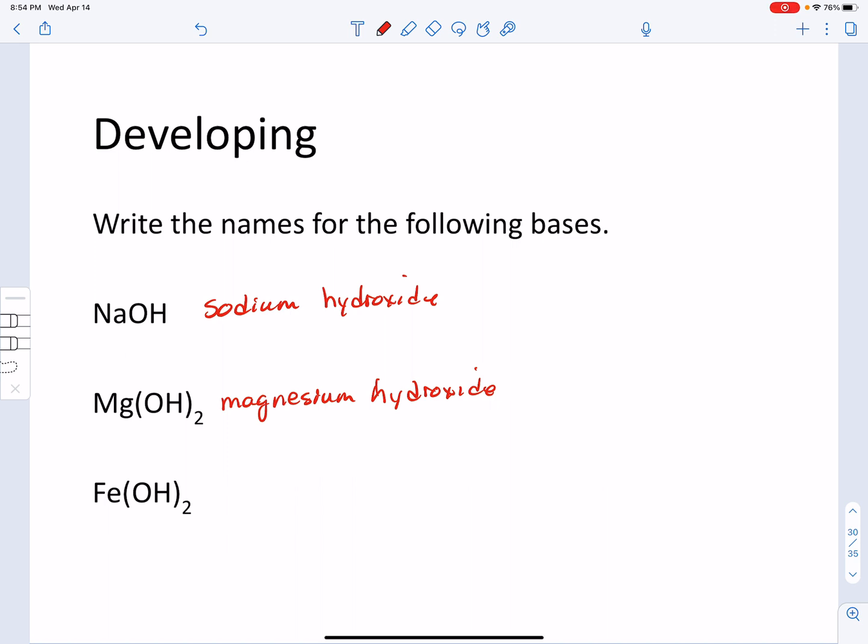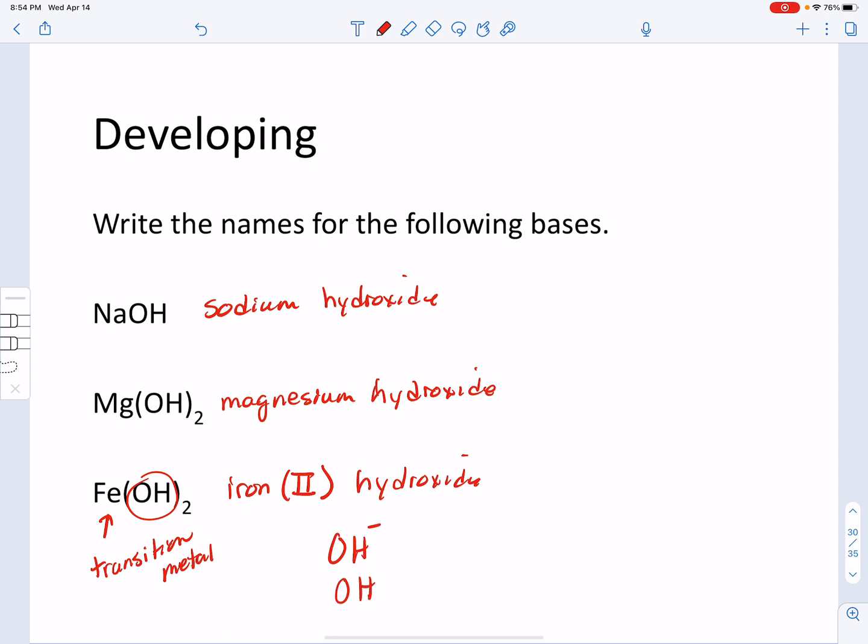The third one, our cation is called iron, but this is a transition metal. So we have to indicate its charge. This is going to be a charge of +2. And then we write our hydroxide. Charge of +2 because I need 2 hydroxides to balance out the charge of 1 iron, and every hydroxide has a -1 charge. So if I need 2 hydroxides, therefore the iron must be a +2.